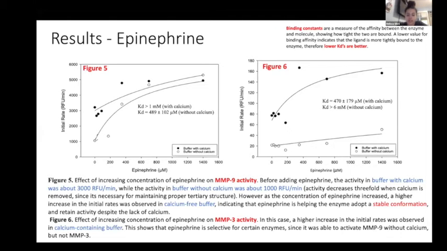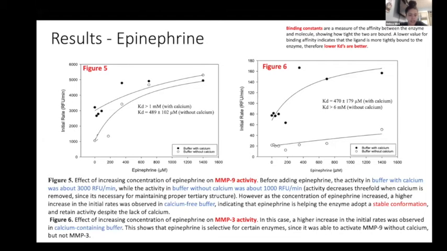However, as the concentration of epinephrine increased, a higher increase in the initial rates was observed in calcium-free buffer, which is the one with the clear circles, indicating that epinephrine is helping the enzyme adopt a stable conformation and retain activity despite the lack of calcium.